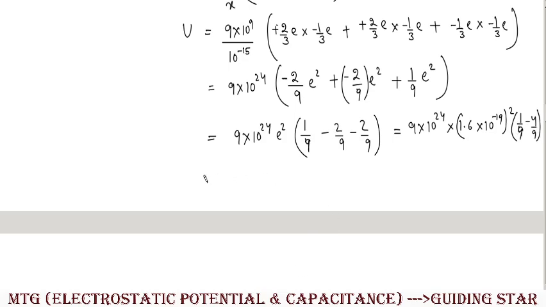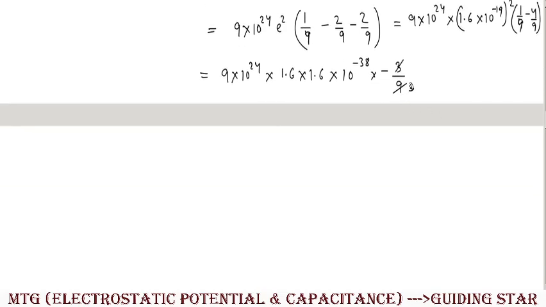And here, if we do 9 into 10 to the power 24 times 1.6 into 1.6 into 10 to the power minus 38, and 1 by 9 minus 4 by 9, so minus, clear.